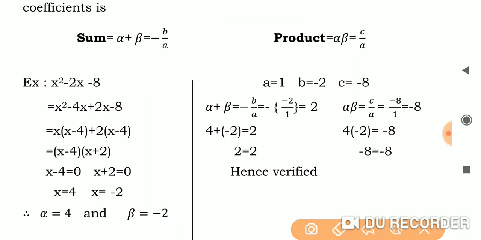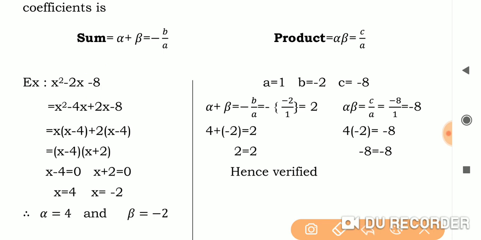Here we have found the zeros, and we need the coefficients of this quadratic polynomial, x square minus 2x minus 8. Before, we discussed that the coefficient of x square is a, the coefficient of x is b, and the constant is c.